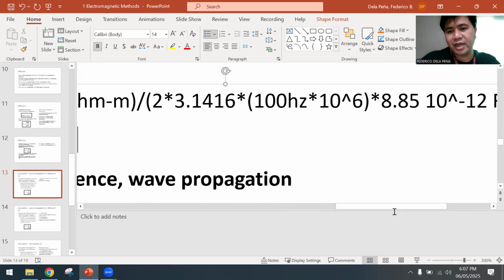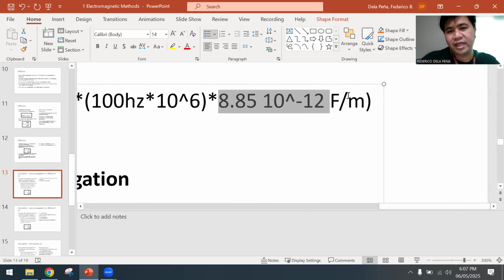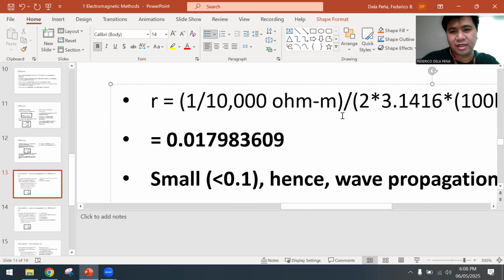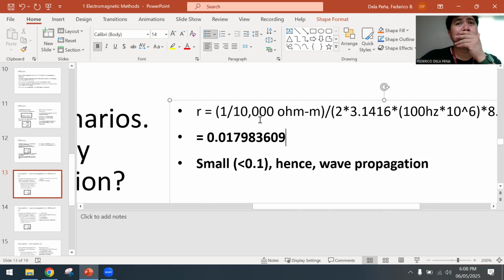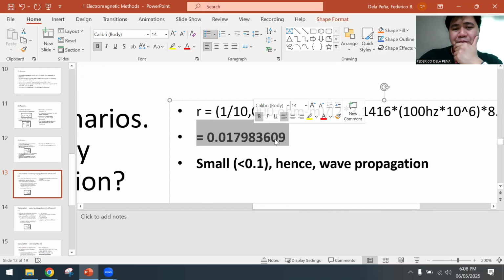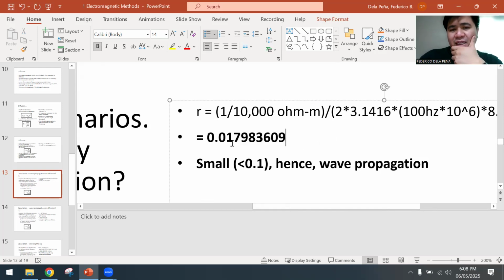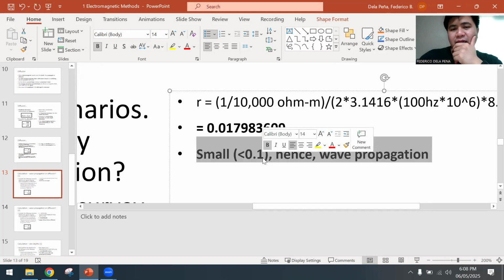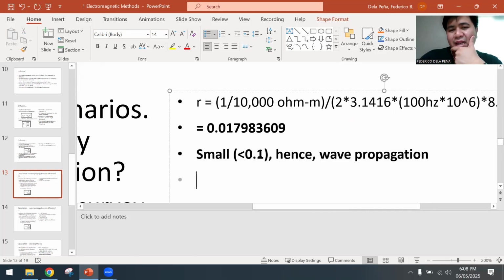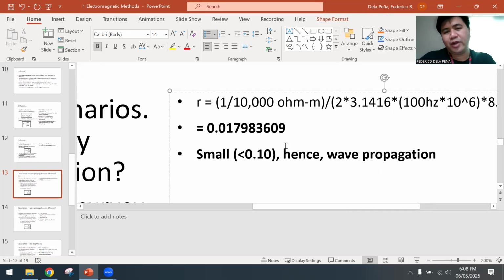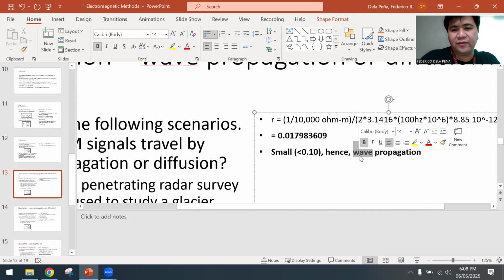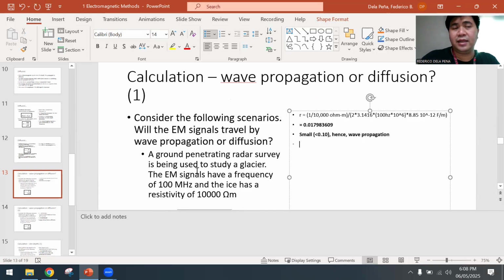And then you just multiply it by the dielectric permittivity of vacuum. Most of the time you just use that value. The resulting value is 0.017. The definition of small R is less than 0.1. So this is smaller than 0.1. Therefore, we have wave propagation in this case.